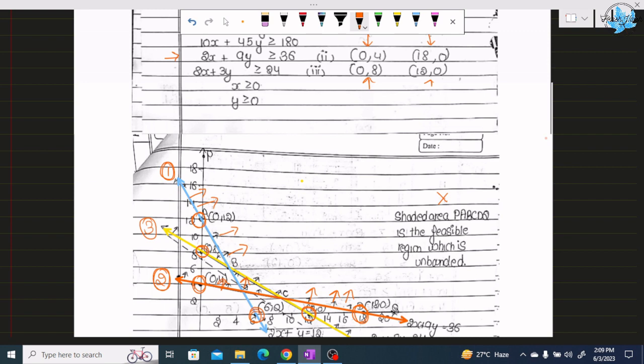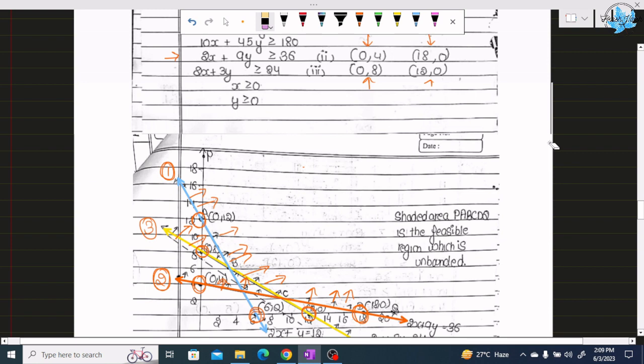Then similarly for the yellow line, you can see the region opposite to the origin will be shaded. Why? Because the third equation is 2x plus 3y is greater than or equal to 24. The left side of the yellow line is the origin. It means put the origin point, that is 0 comma 0, so it will not satisfy. It means the region opposite to the origin will be shaded.